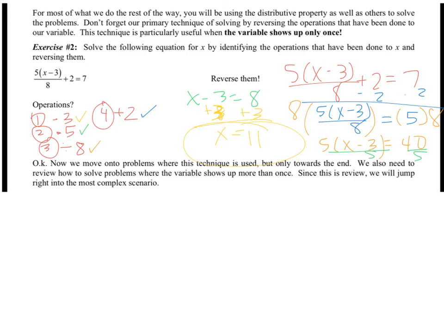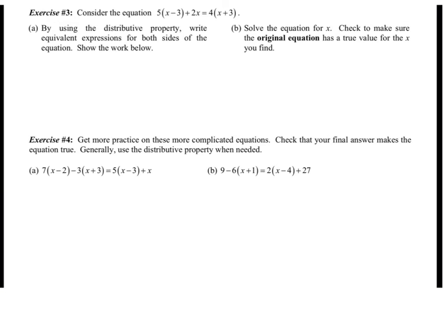Now that we've done that, we're going to move on to more problems where the technique is used, but only towards the end. We also need to review how to solve problems where the variable shows up more than once. So by using the distributive property, write equivalent expressions for both sides of the equation. So we have 5 times x minus 3 plus 2x equals 4 times x plus 3.